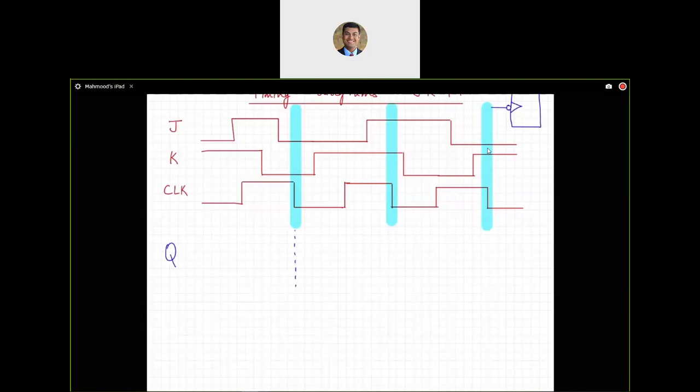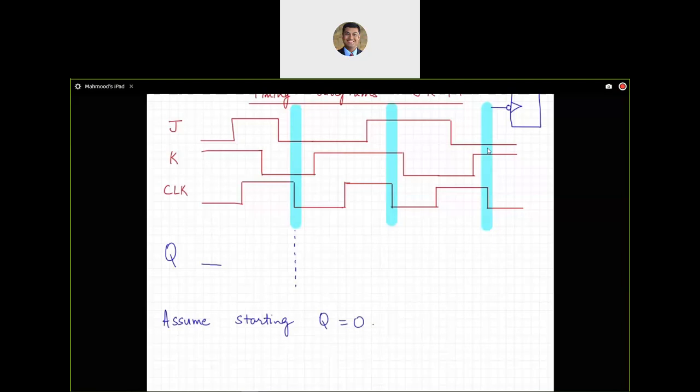So to simplify this, I will assume starting Q equals 0. So I'm assuming that my output at the beginning is 0.